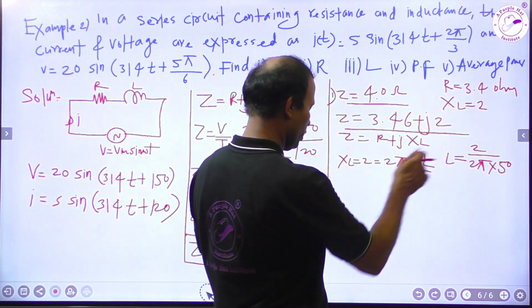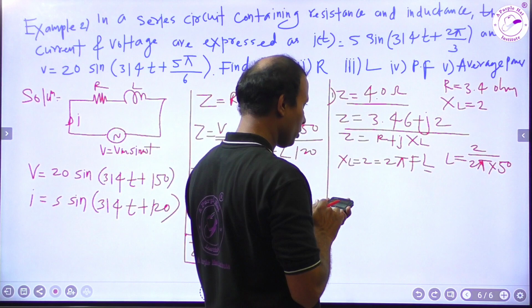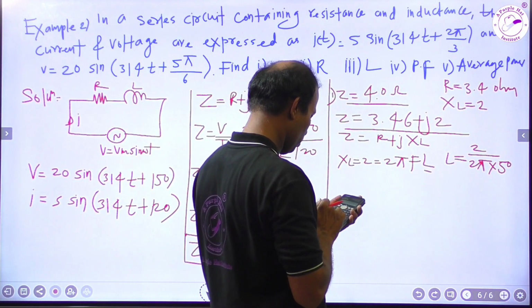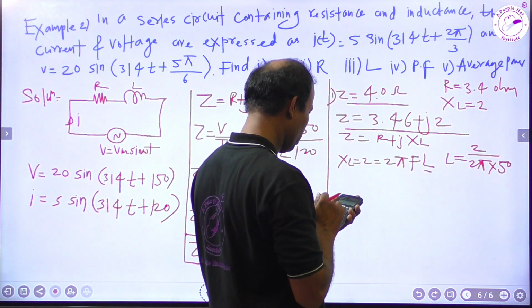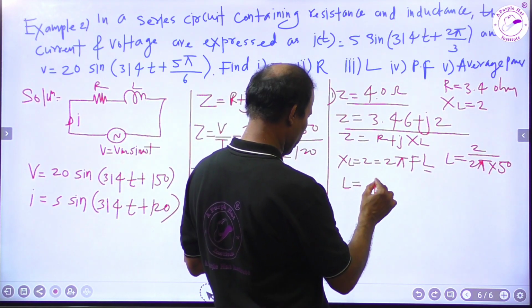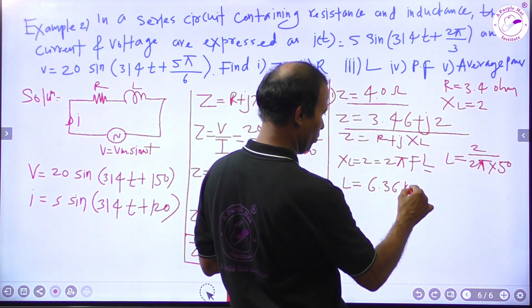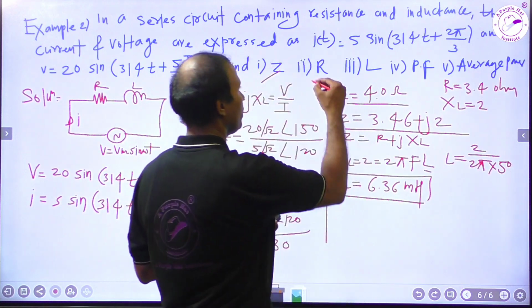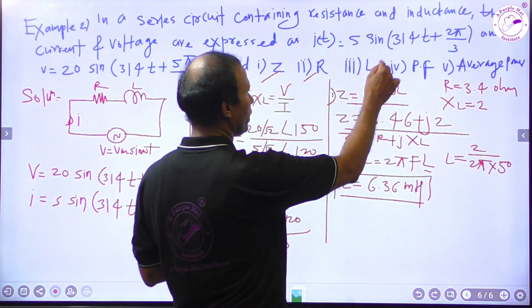It is 2 over 2 shift pi in bracket 2 pi into 50, 6.36 millihenry. Yes, inductance is equal to 6.36 millihenry. This is answer. Resistance we found, inductance we found.